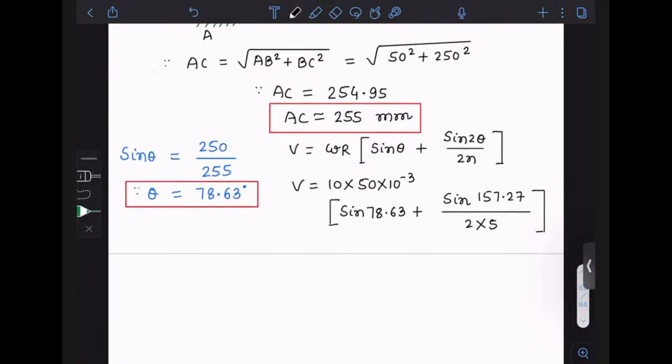So what is the velocity? What is the value of velocity, everyone? Tell me, guys, what velocity are we getting here? Please, anyone?